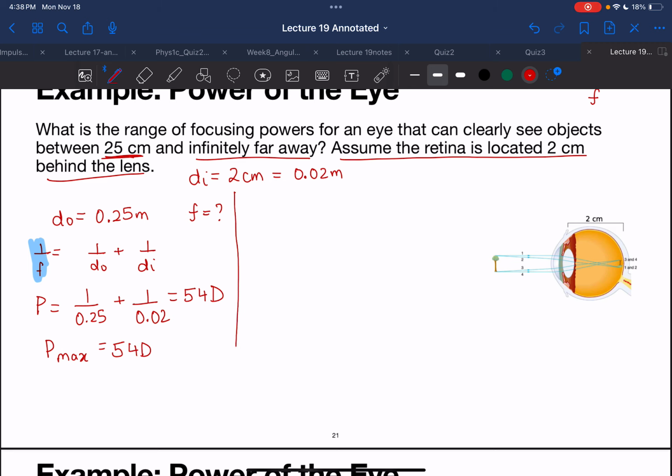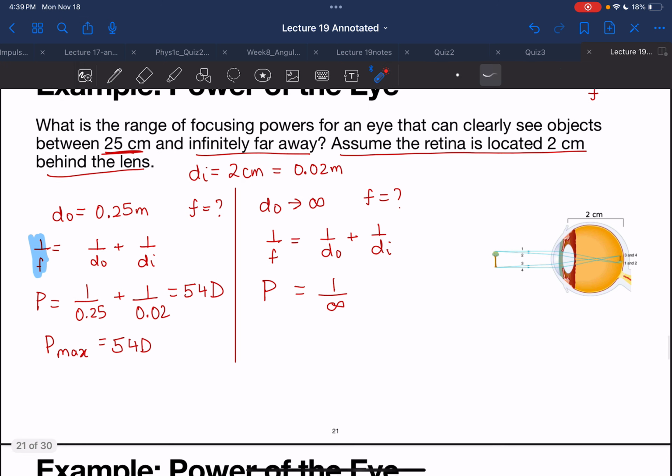Let's now calculate the case for when you're looking at something infinitely far away. So basically d object goes to infinity, and we want to find what the focal length is in that case. So again, 1 over f equals 1 over do plus 1 over di. 1 over f is the power, and then if do pretty much goes to infinity, 1 divided by a really big number is essentially 0.